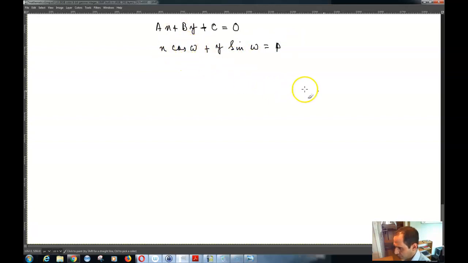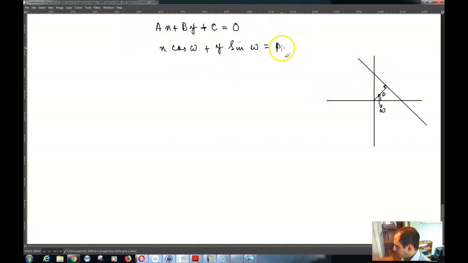And you know that p is the length of the perpendicular from the origin of the coordinate system to the line. This length over here is p, and this angle over here is omega. That's the normal form.